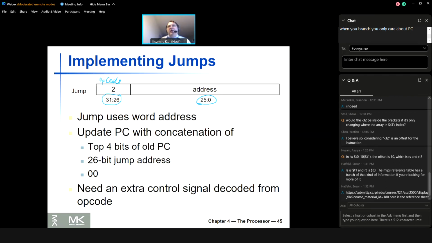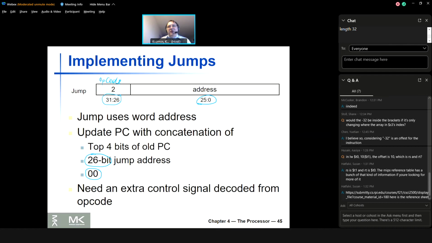What needs to be done to execute this instruction? We take these 26 bits from the instruction, and we assume that the address to which we are jumping is word aligned, which means we need to shift left by 2, and then we still miss 4 bits, right? Because it's 26 and shift by 2, that's 28 bits that we can compute, but we need to have 32 bits.